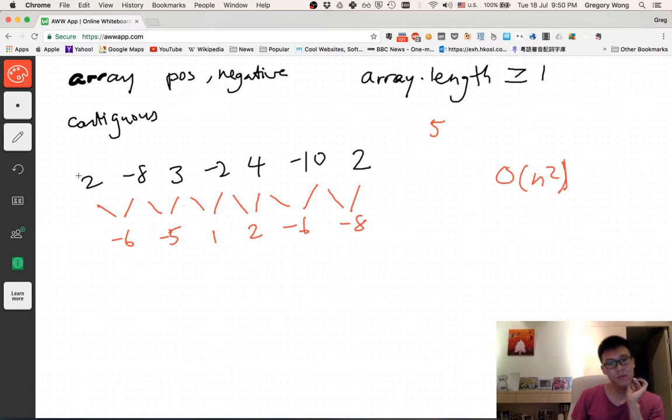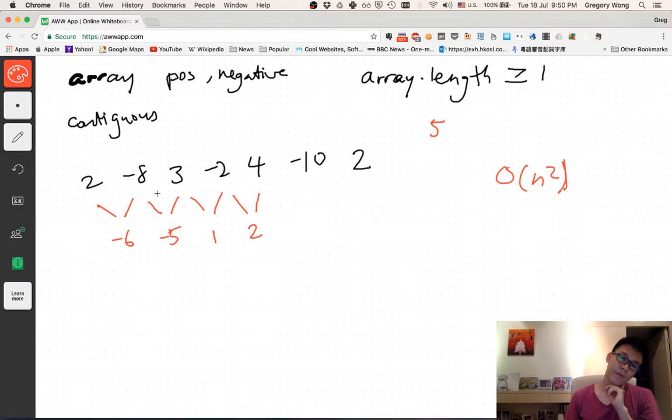So let's walk through an example. Say if you start at the 2, right? So you've had a sum of -6. What happens when you go on to the third member in that list?